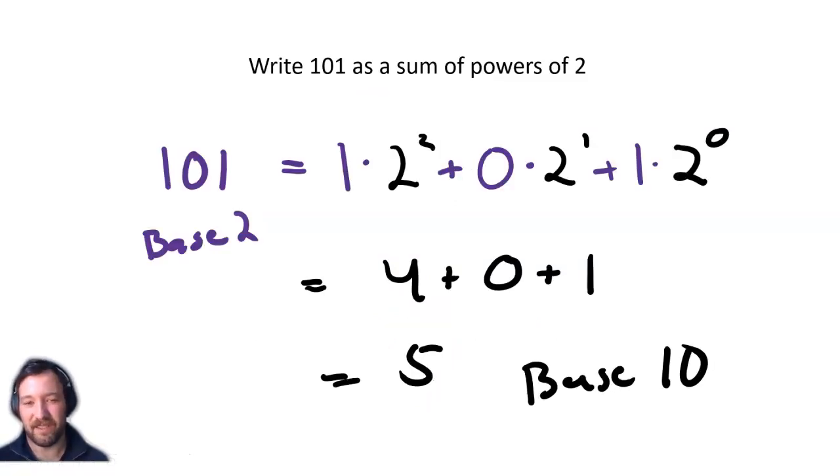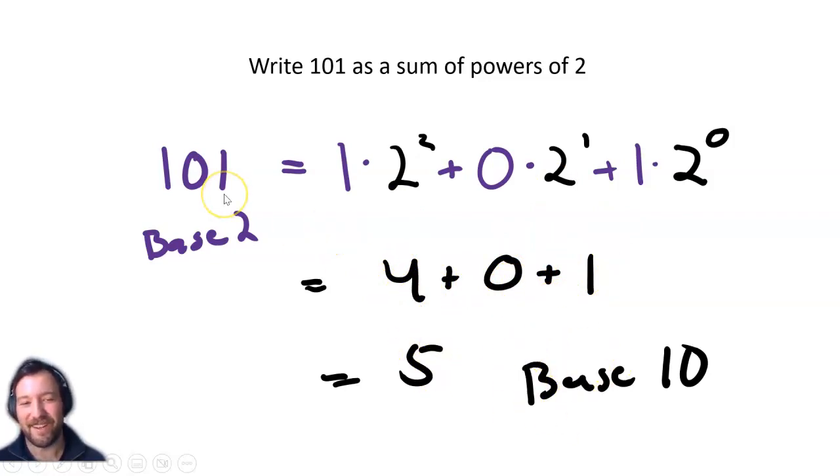So written a slightly different way, same thing though, 101 in base 2 means you take a sum of powers: 1 times 2 squared, plus 0 times 2 to the first, that's my 2's place value, plus 1 times 2 to the 0, that's my 1's place value. Or if we write it out in our normal standard decimal notation, that becomes 1 four, 0 twos, and 1 one, or 4 plus 1 is 5 in base 10.